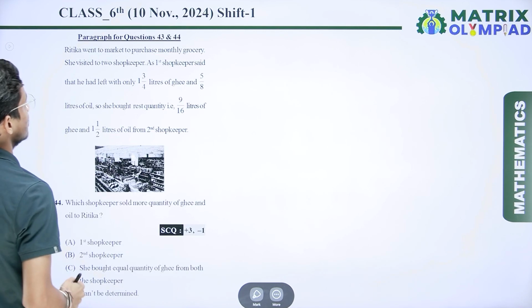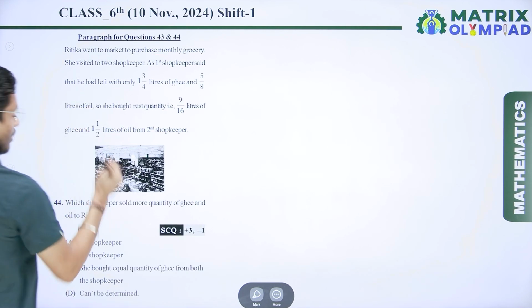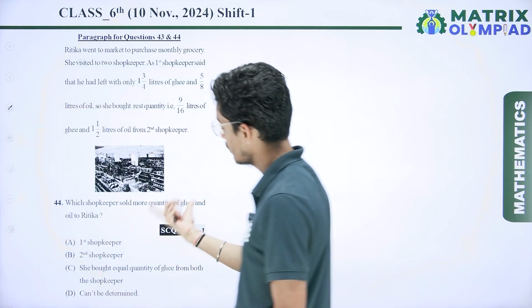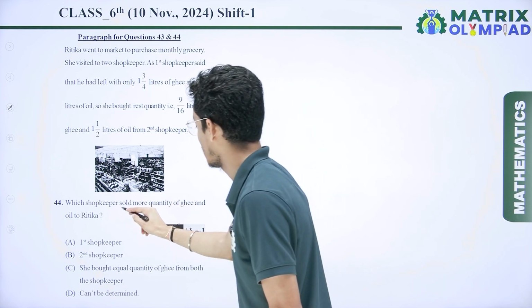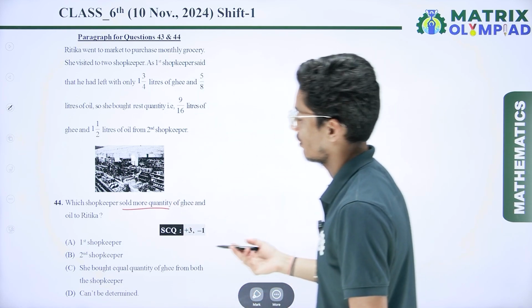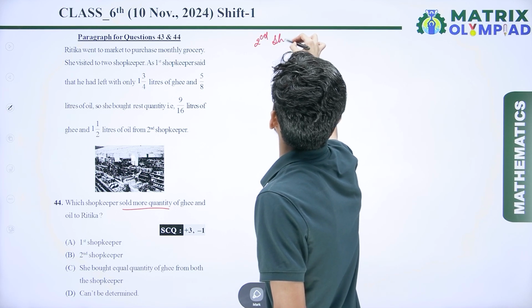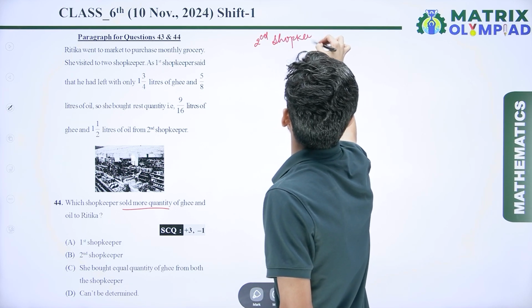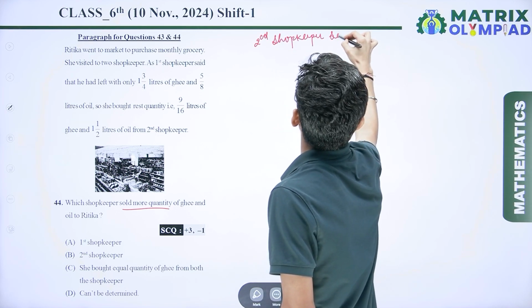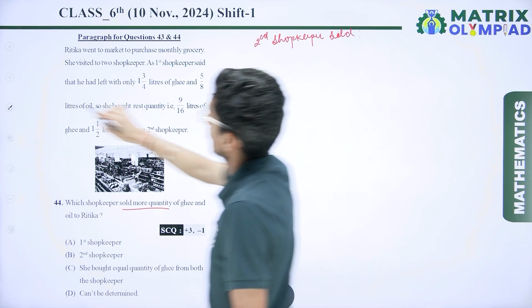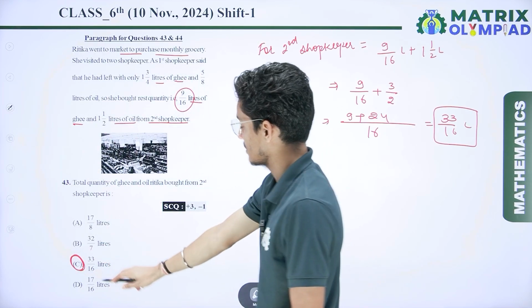So now the next question, that is based again on the same paragraph, and the question is, which shopkeeper sold more quantity of ghee and oil? So we know the second shopkeeper sold 33/16 liter.